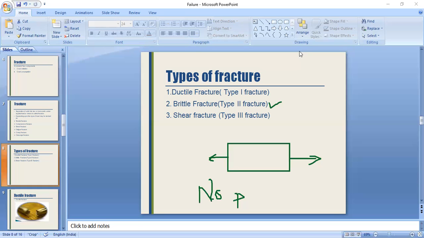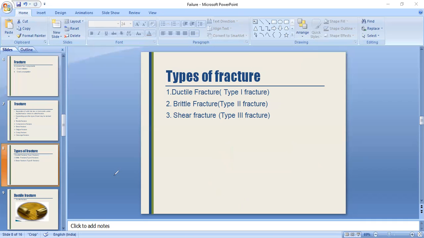Due to that, the material fractures. So these are the three different types of fracture we see in the failure of materials. Let us see the fracture with the help of some simple images.